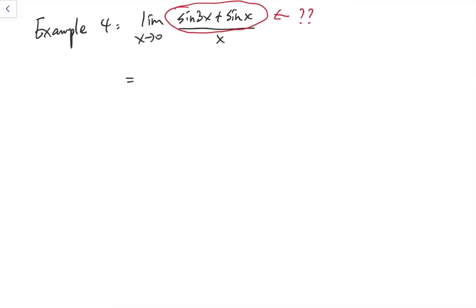So what pops up in your mind when you see this? I give you 3 seconds. Yes, that is the sum to product. So we make use of the formula. Don't worry, in the DSE actually the formula will be given, so you can just copy and make use of this.